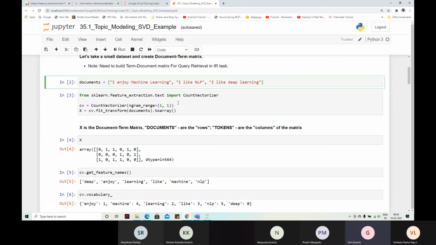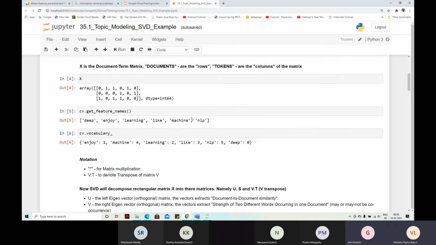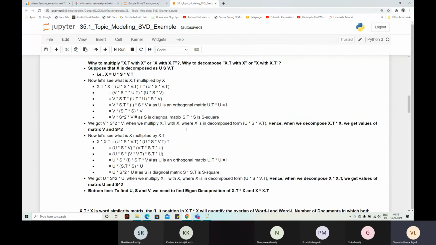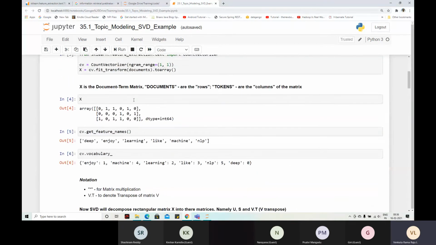Sir, so basically with the word-to-word matrix, we need to extract that covariance, the relevance, and then on top of that use the SVD. Then it is like PCA only, right? So here, what is the word-to-word relationship? X transpose X is the word-to-word relationship.